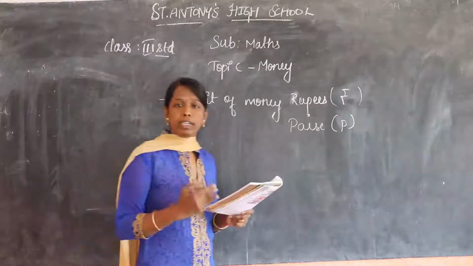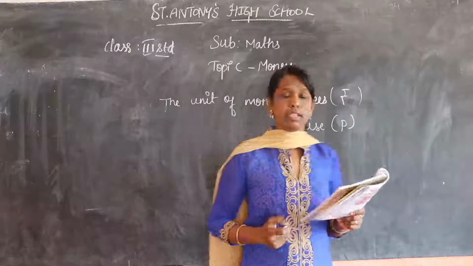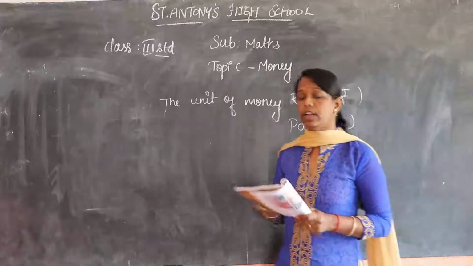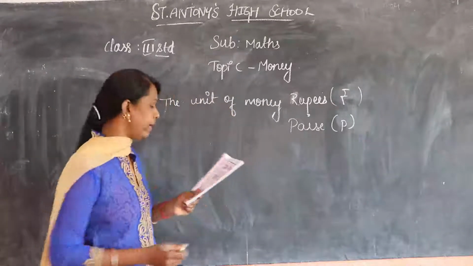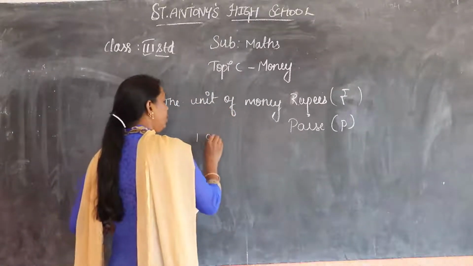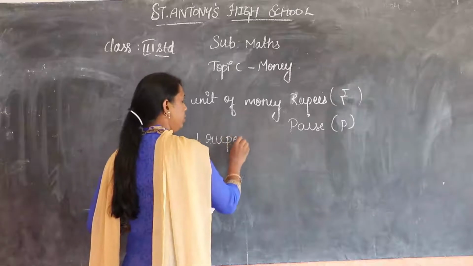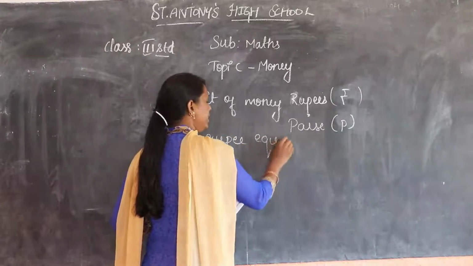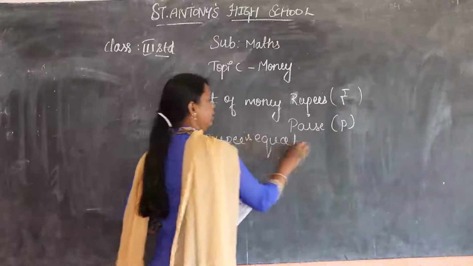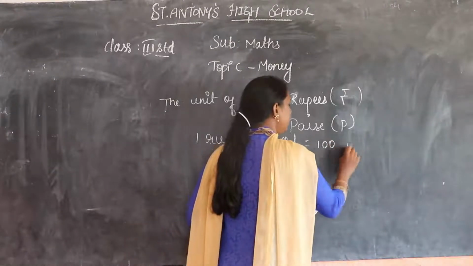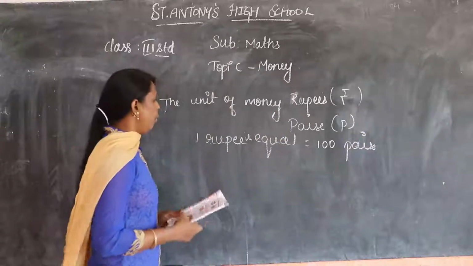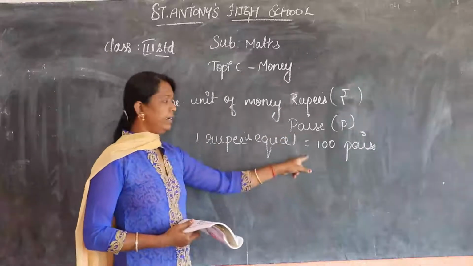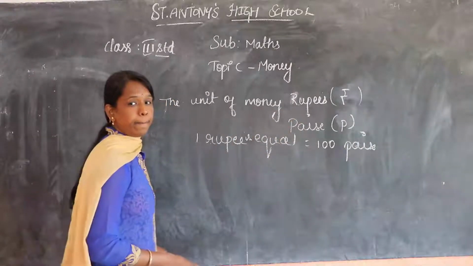We use money in terms of rupees. While converting rupees and paisa, in this chapter they give the conversion. Children, 1 rupee is equal to 100 paisa.